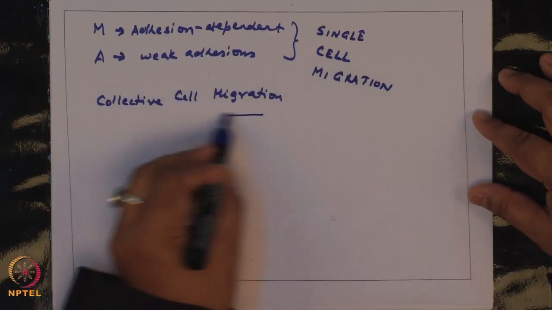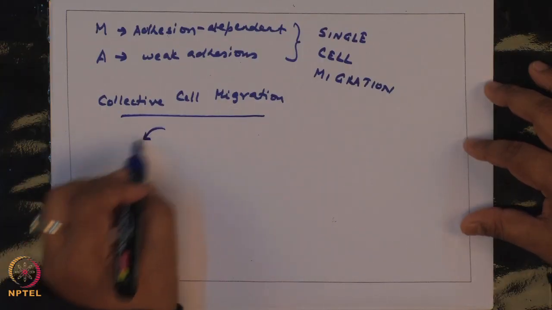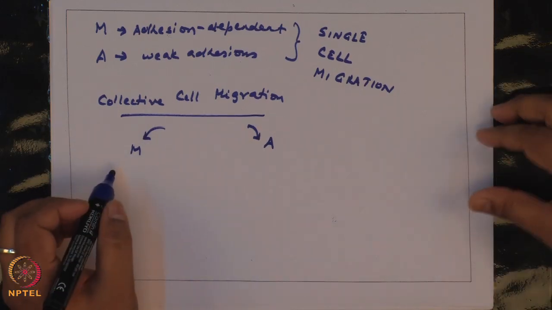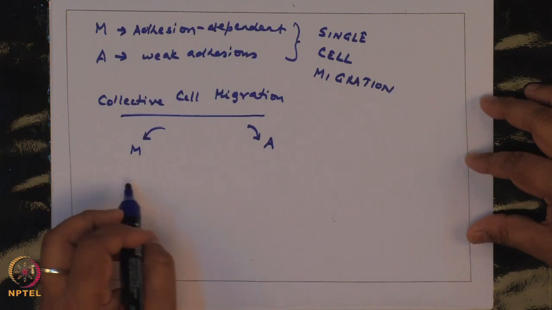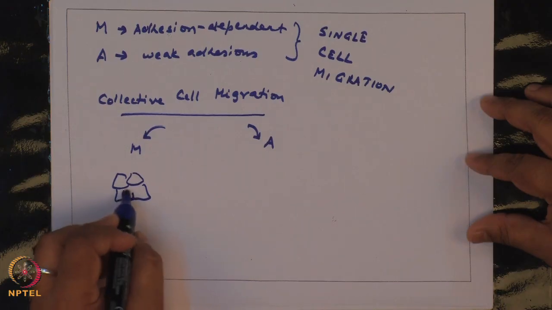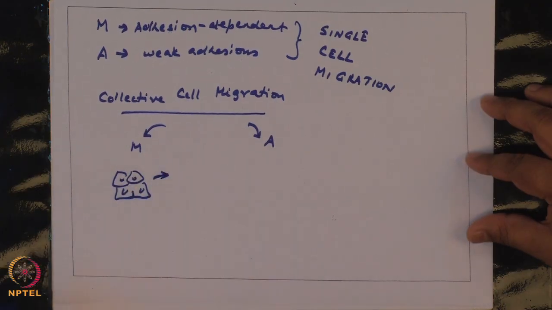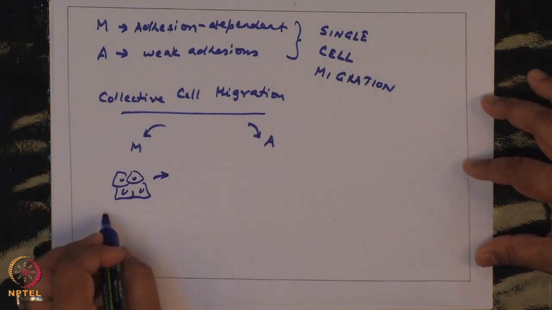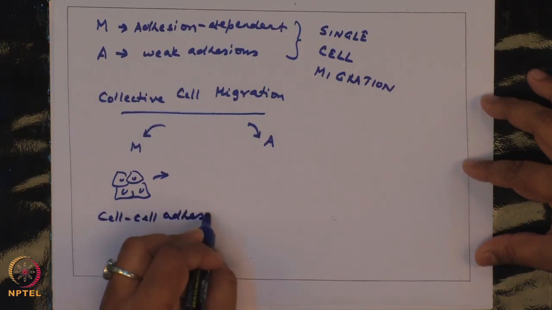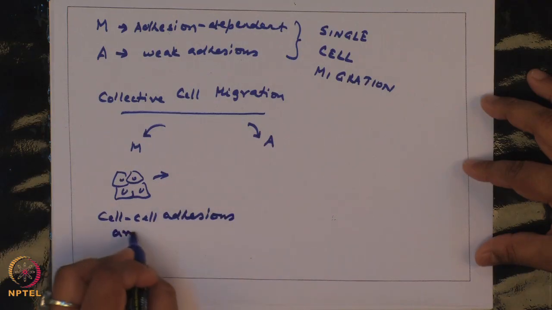Collective cell migration can again be mesenchymal or amoeboidal. In collective cell migration, you have groups of multiple cells which move together. In this case, my cell adhesions are intact.